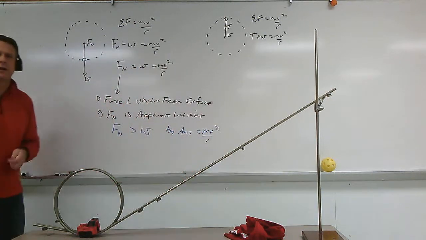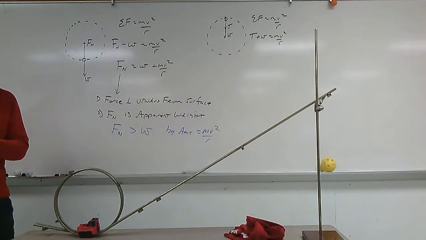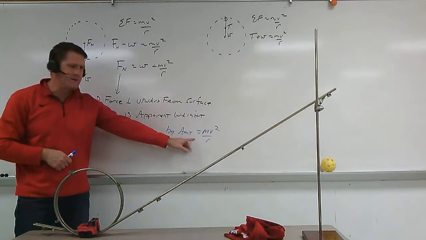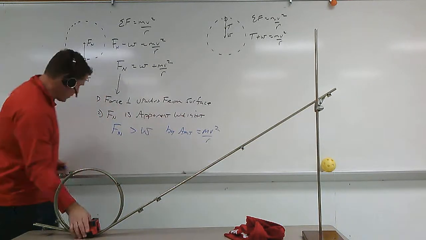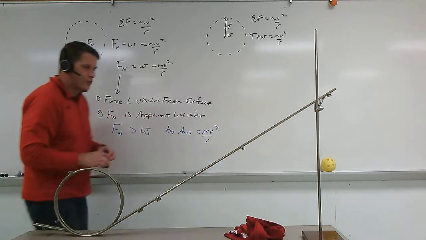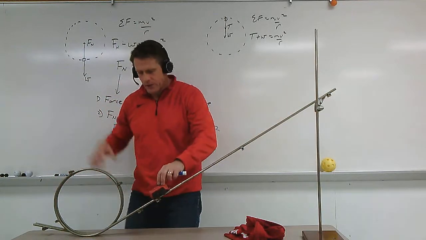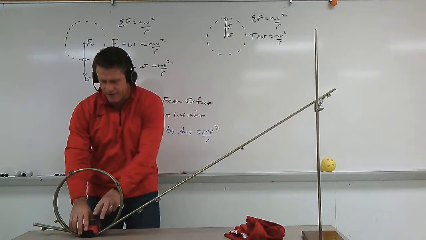I'm sorry, you feel heavier than you actually are by an amount equal to mv squared over r. So when you travel down this hill, you're getting pushed back into your car. You feel heavy, heavy, heavy.